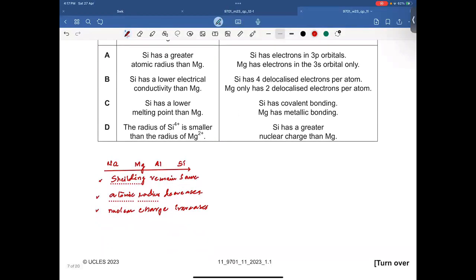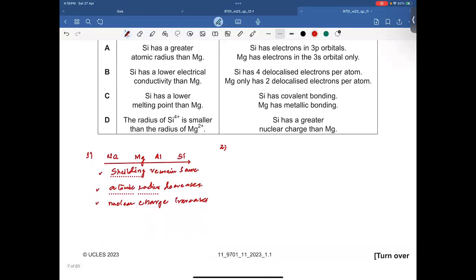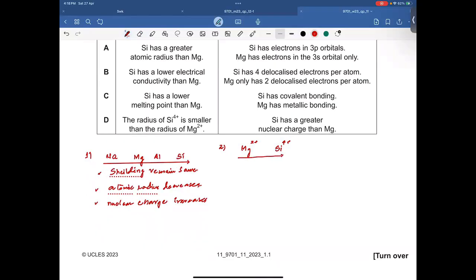Also, this is the first statement. Also, we need to compare silicon and magnesium ions. Magnesium has 2 plus charge, whereas silicon has 4 plus charge. So obviously, when you move from here to here, nuclear charge increases.